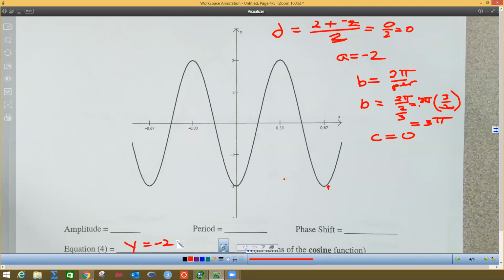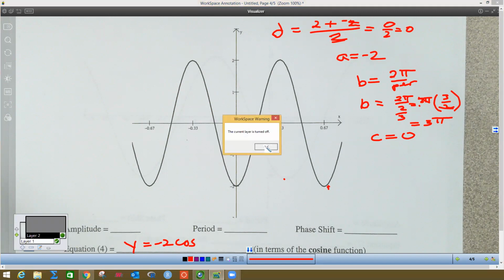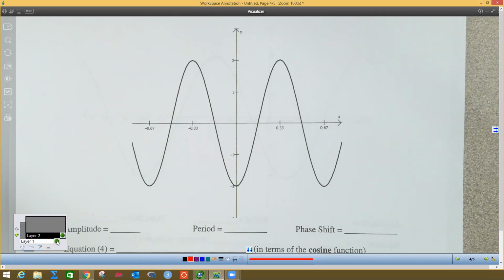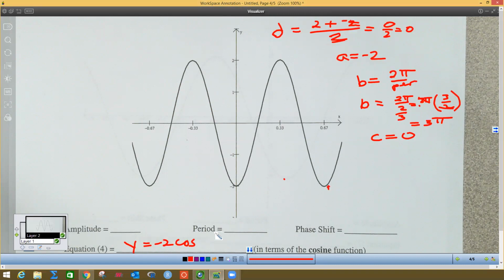Y equals -2 cosine, and B was 3 pi x. And again, C was 0, D was 0, so I'm done.